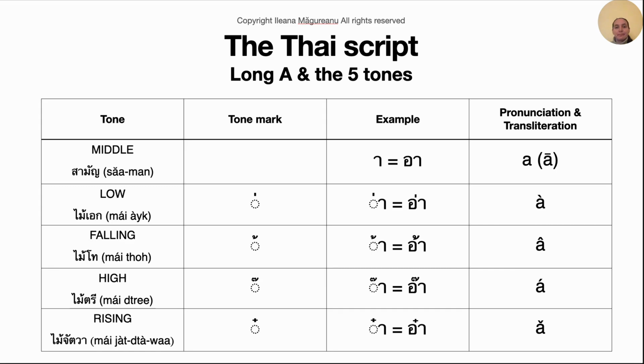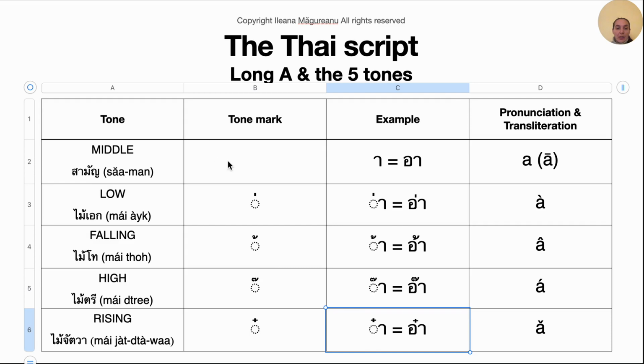In Thai we have 5 tones: the middle tone, saman, the low tone, mai ek, the falling tone, mai to, the high tone, mai tri, the rising tone, maichattawa. How are we going to spell all these tones in conjunction with the letter a?